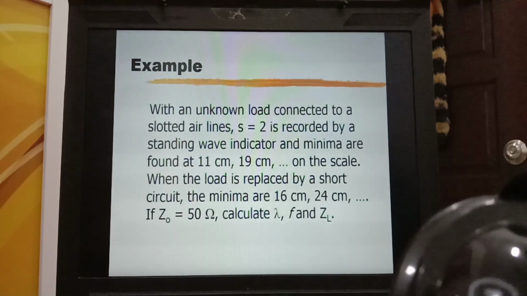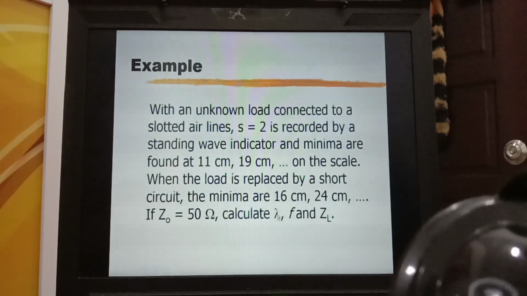The distance between subsequent minima is equal to half wavelength. So if half wavelength is 8 cm, the wavelength lambda is 8 times 2, that means lambda is 16 cm.